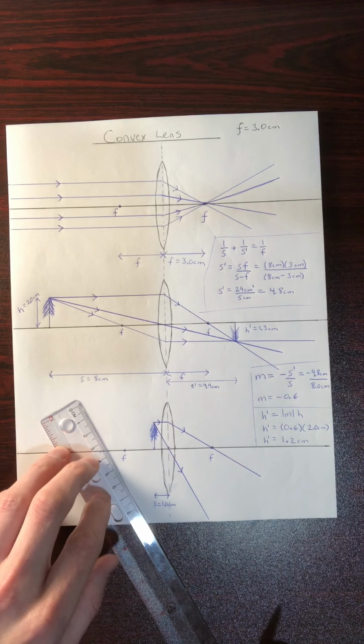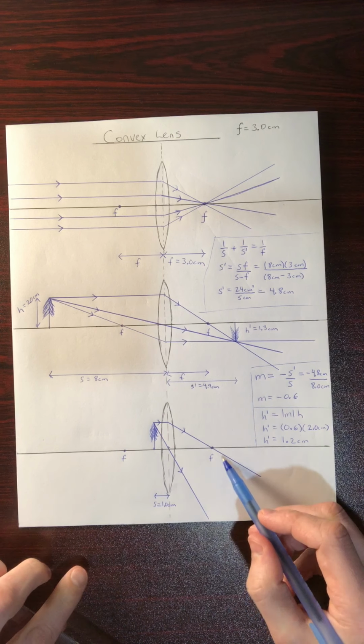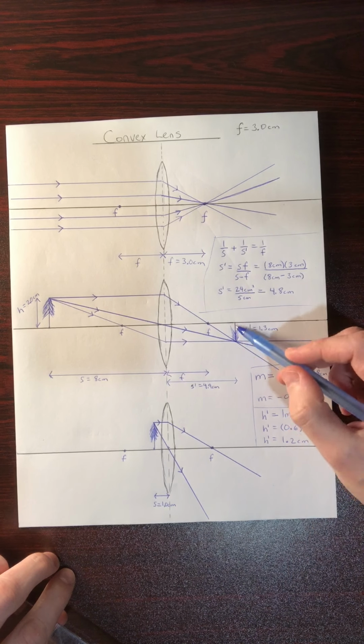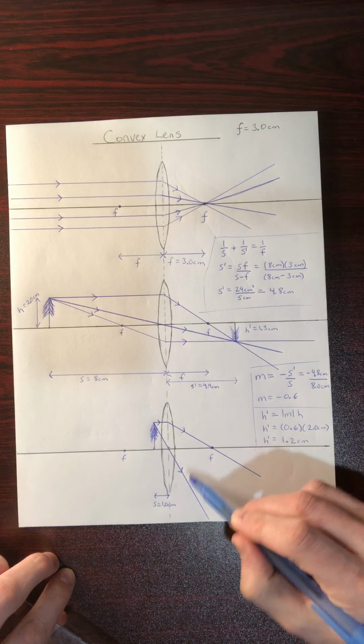Now, at this point, we're starting to get a sense that this isn't going to work quite as well as we may have wanted, because these two rays are diverging, which means they're not going to converge to a point. So if they don't converge to a point, we're not going to get an image over here.